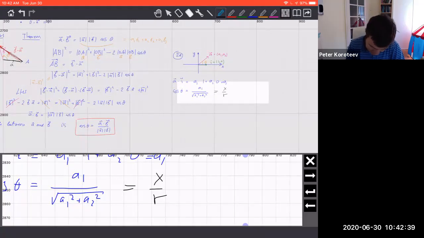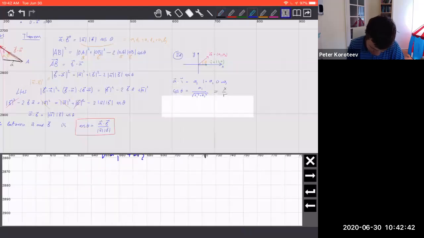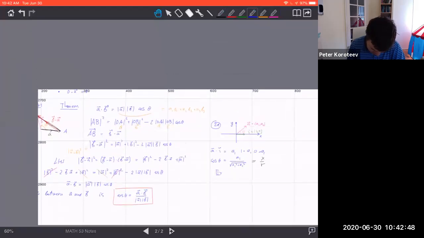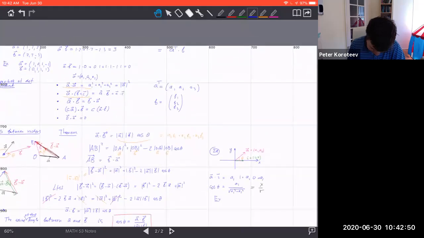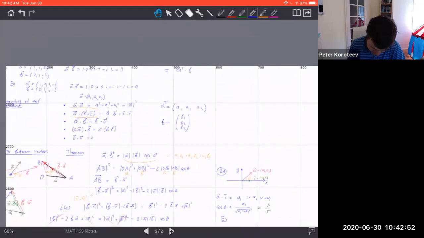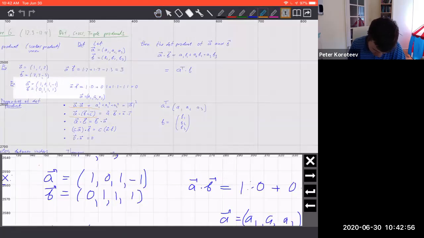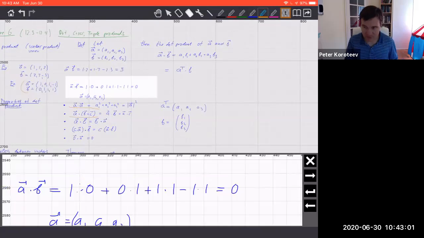Now another example is, let me lift it up a little bit. We did this calculation here, and then the answer somehow turned out to be 0. In this example, the dot product of two vectors was 0. Question: how did you get the square root?